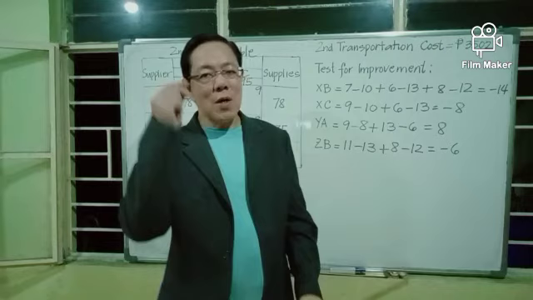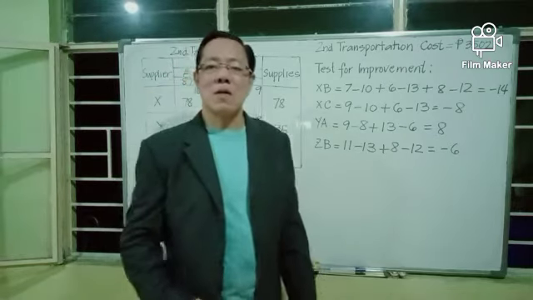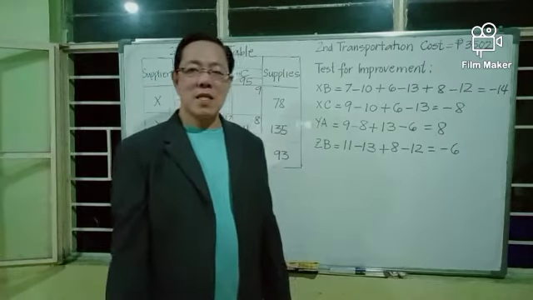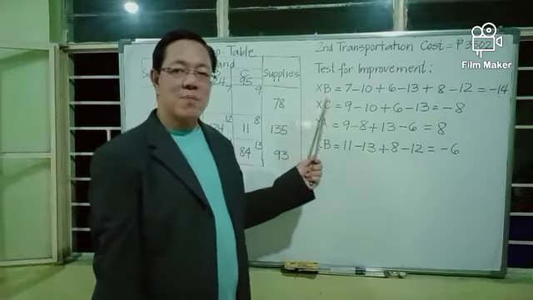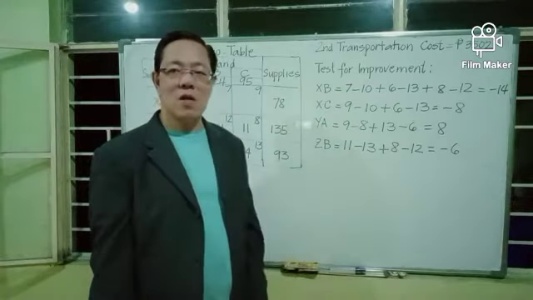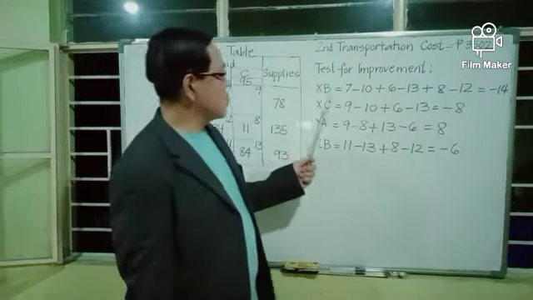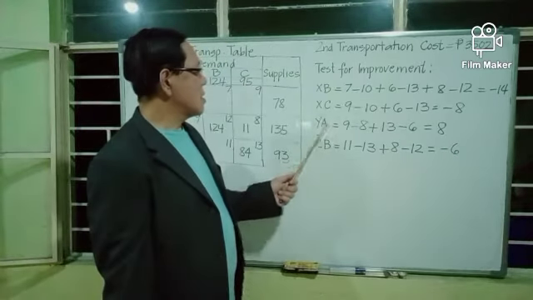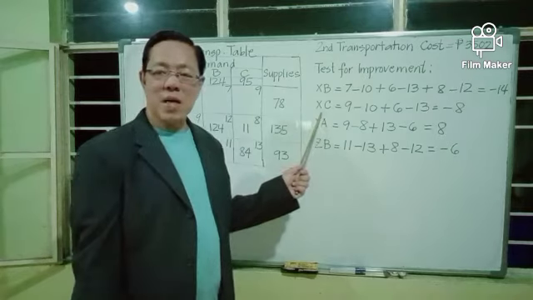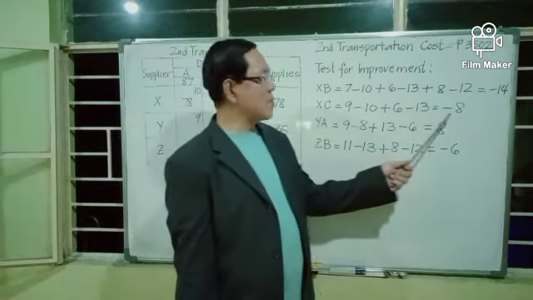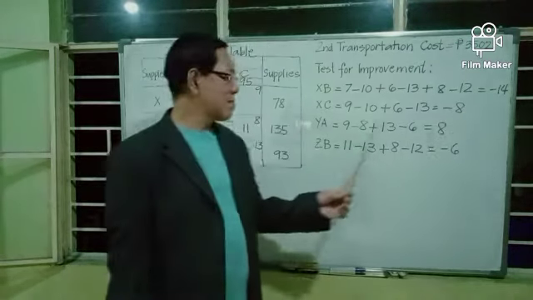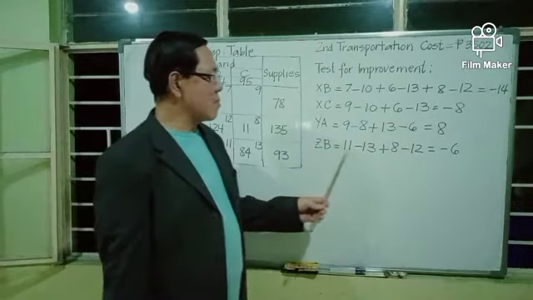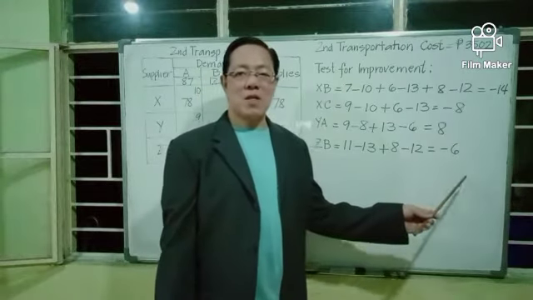So you only consider the vacant cells with negative cell costs. We have XB, negative cell cost of negative 14. The vacant cell XC with negative cell cost of minus 8. And the vacant cell CB with negative cell cost of minus 6.